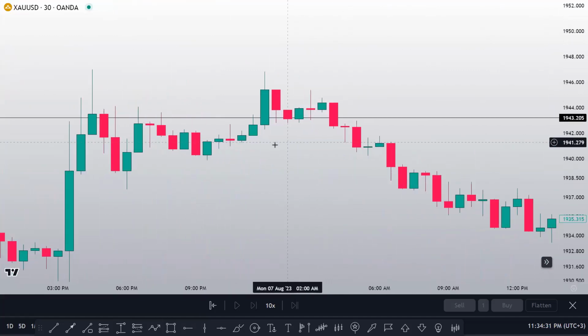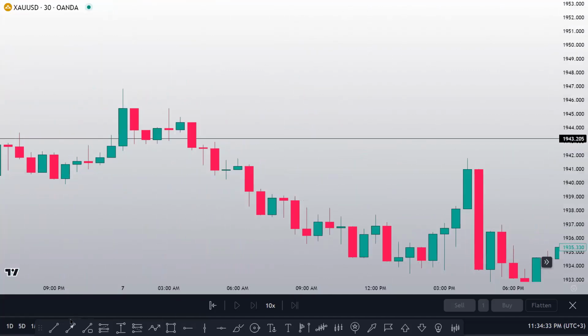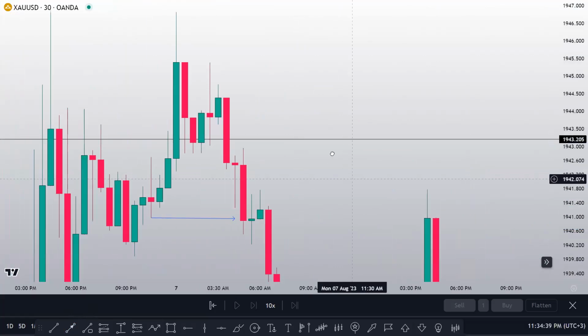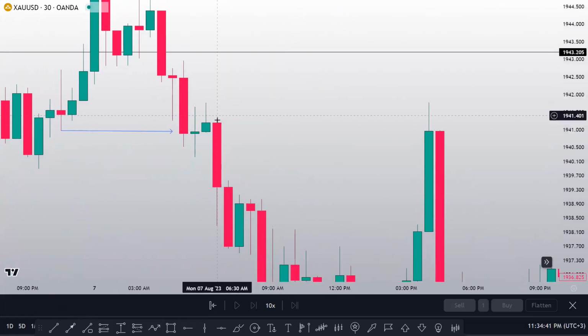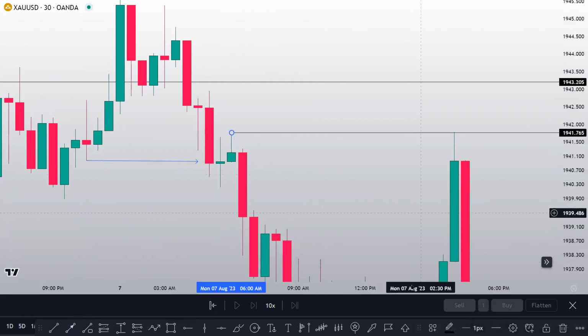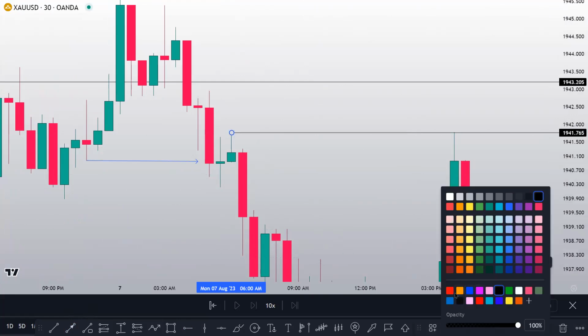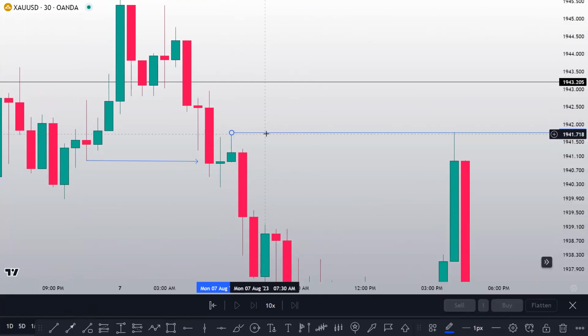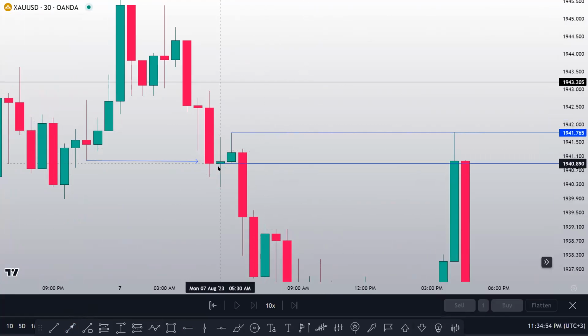I was aggressive, and the market later on left me with also an outside formation, which was this one. So now I'm going to use this zone to take my entries. I took these entries on gold based on this zone right here from the 30 minutes time frame.